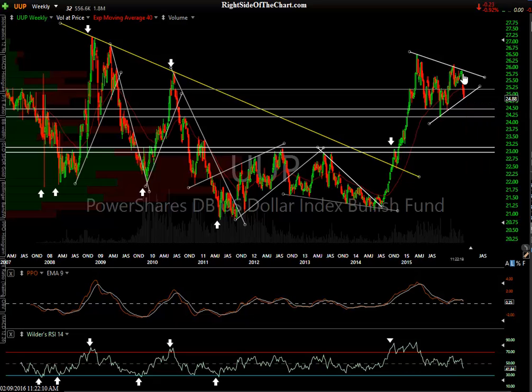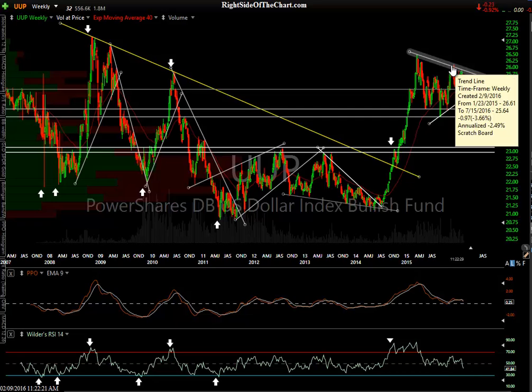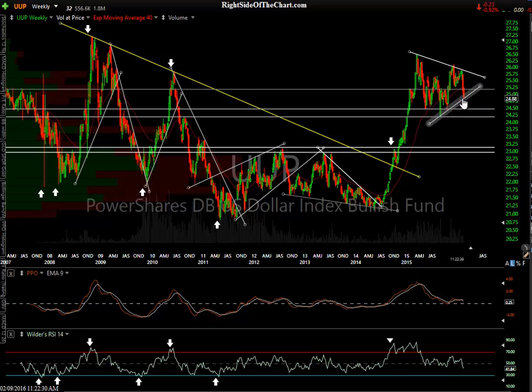Now we're also at support when we're oversold. We've had quite a run to get to that level. And when you have these extended runs into resistance, or impulsive and extended, meaning prices move up very quickly without a lot of consolidation in between, a near vertical run, you often get those sharp reactions off those levels. So let's see, maybe we get a reaction here, a bounce in the dollar.